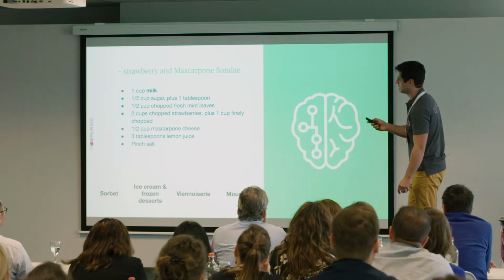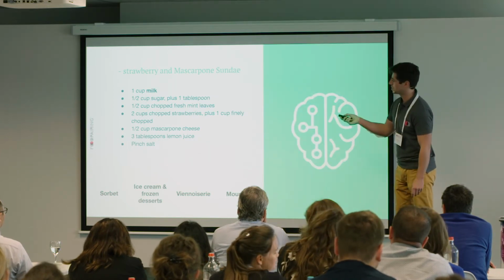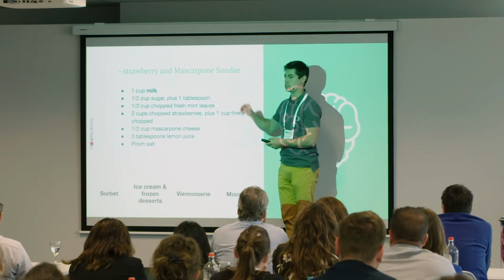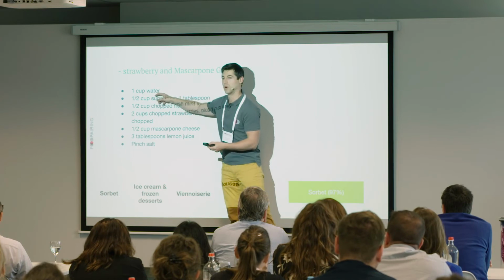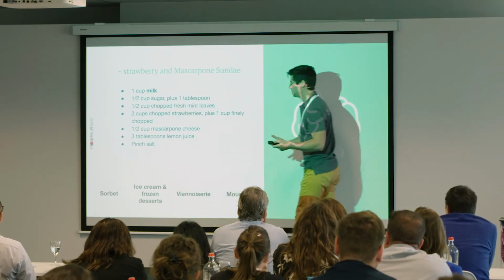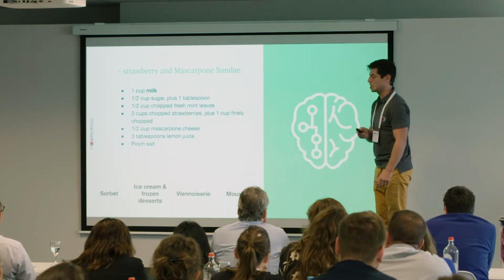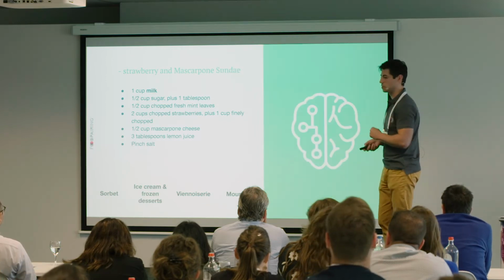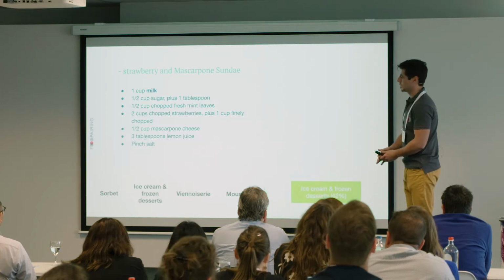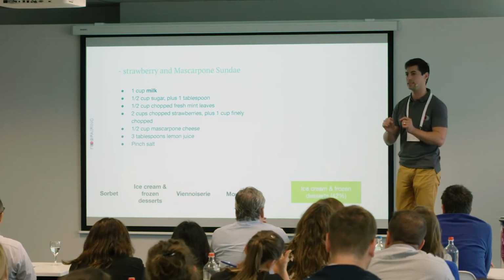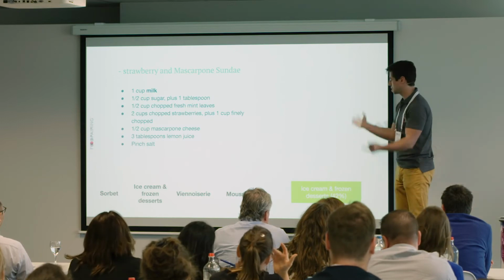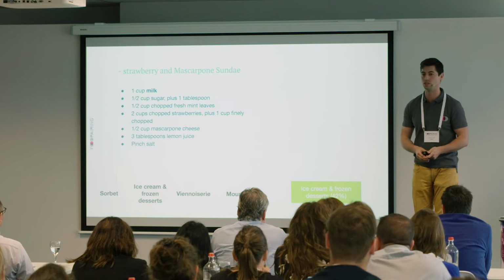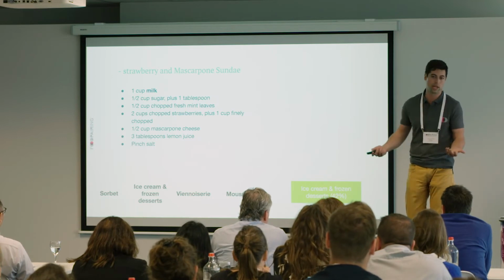But just by changing like 2 words, like by changing the word granita to the word sundae, and the ingredient water to the ingredient milk, we can try to see if the algorithm actually switches from a sorbet to something else. And indeed it does. So just by changing little artifacts in the title or in the ingredients, the classifier completely flips over and thinks it's ice cream and frozen desserts now, which is in fact correct, it's a sundae.